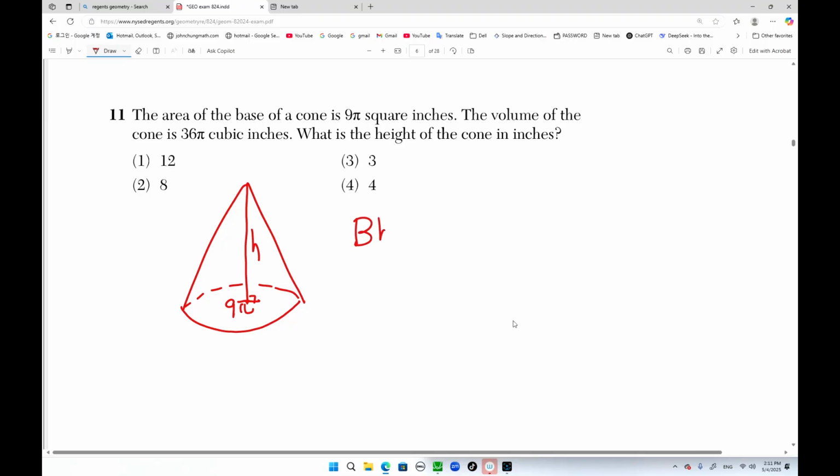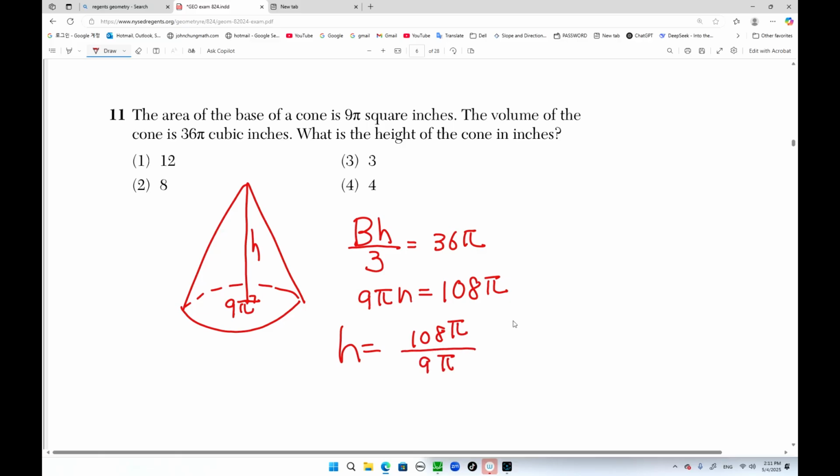Base times height divided by 3 is the volume, which is 36 pi. The base is 9 pi, so 9 pi times h equals, multiplying both sides by 3, 108 pi. So what is h? 108 pi over 9 pi. Pi is out. 108 over 9 is 12. Okay, that's the height.